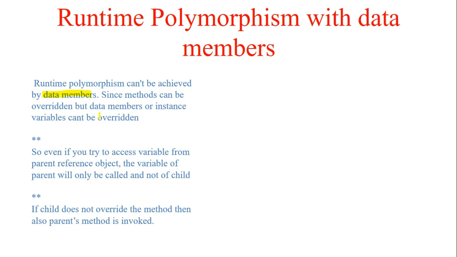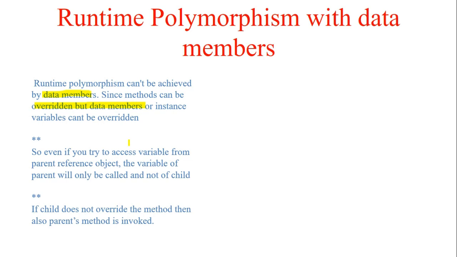Since methods can be overridden but data members cannot be overridden, whenever you create the dog object with reference variable Dog d, and then try to get an instance variable with d.eyes, always your parent's eyes will be called, not your child's instance variable. Why? Because you can achieve runtime polymorphism only and only with the methods, not with the instance variable.